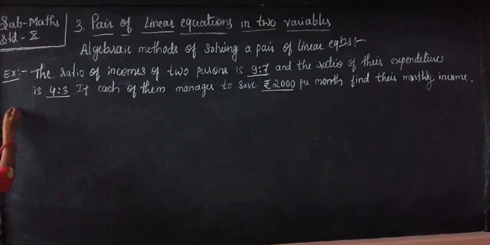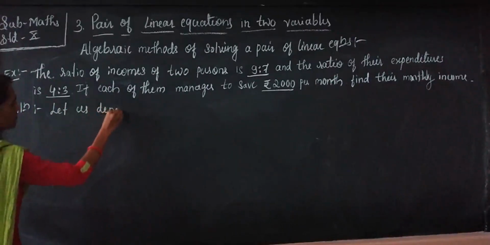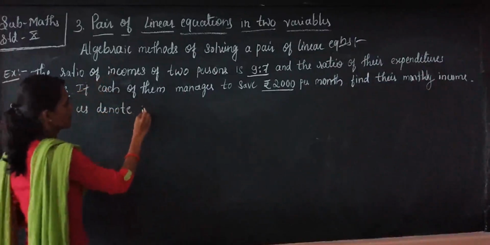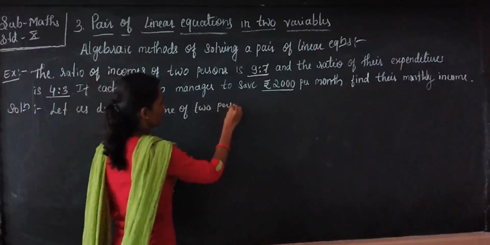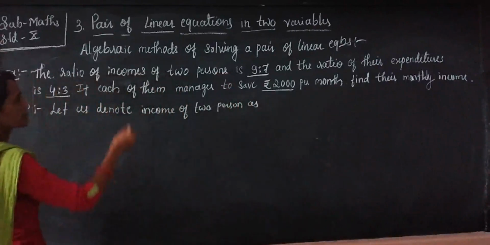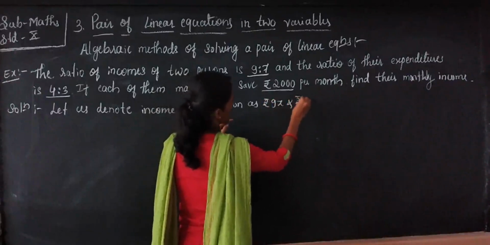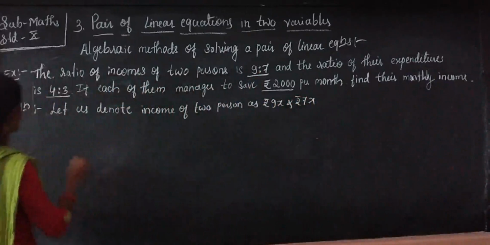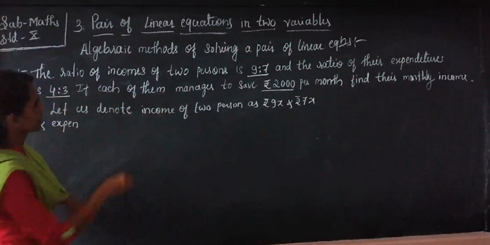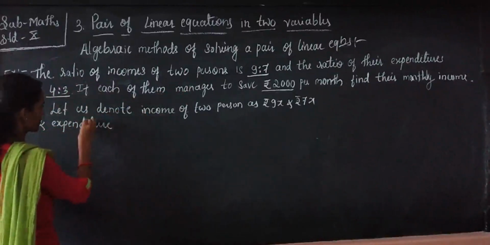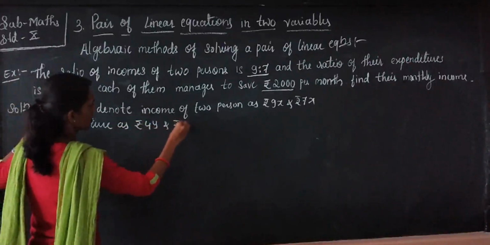So therefore, solution: let us denote the income of two persons as rupees 9x and rupees 7x, because that is in the ratio, and expenditure as rupees 4y and rupees 3y.